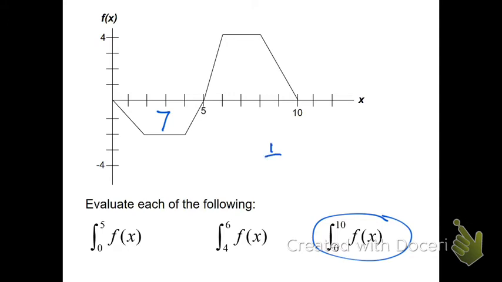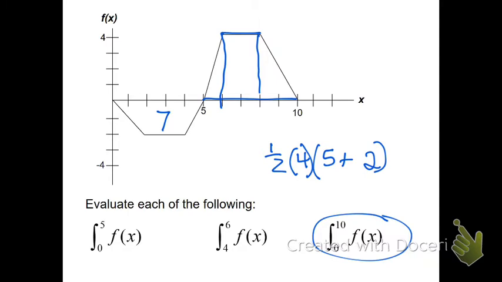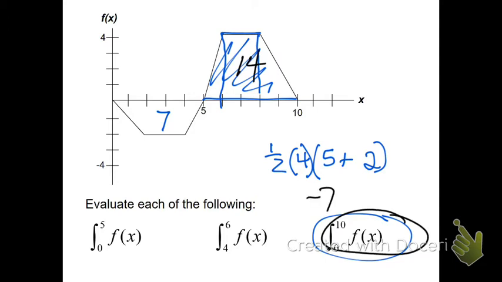It's 1/2 the height, which is 4, times the sum of the two bases, which is 5 plus 2. Half of 4 is 2, so it's 2 times 7, 14 for this total area up here. So that means the value of my integral would be -7 plus 14, or 7.